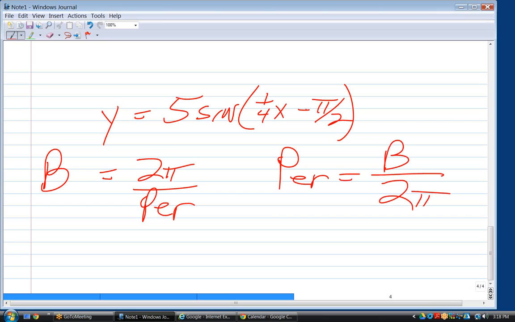Okay, so B here is 1/4. So what's the period? The period is 2 pi over 1/4, which is 8 pi.